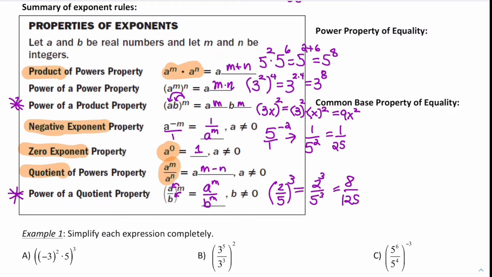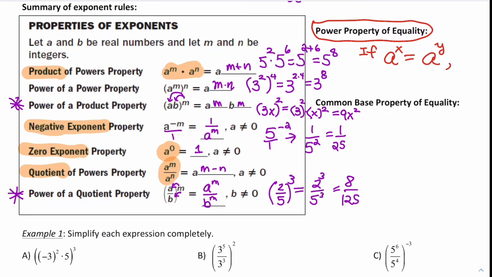Okay, so that's a basic summary of all the exponent rules, and there's two other things we can note. We have this thing called the power property of equality, and that would just basically mean this. If we had, let's say, a raised to the power of x, and we say that's equal to a raised to the power of y.